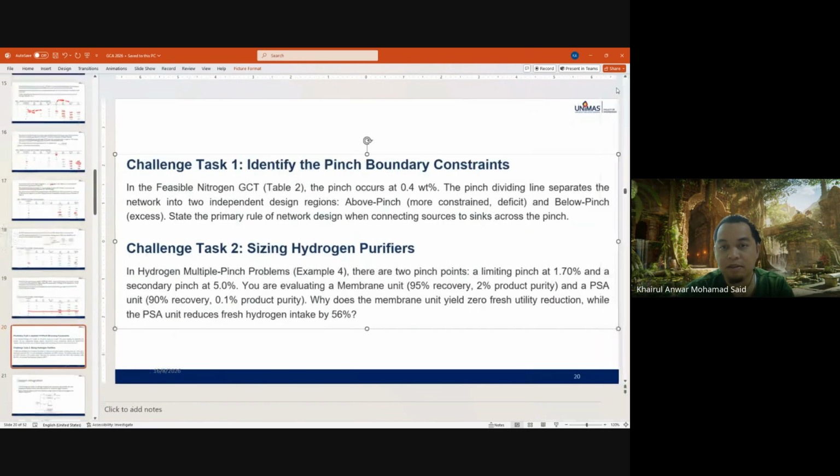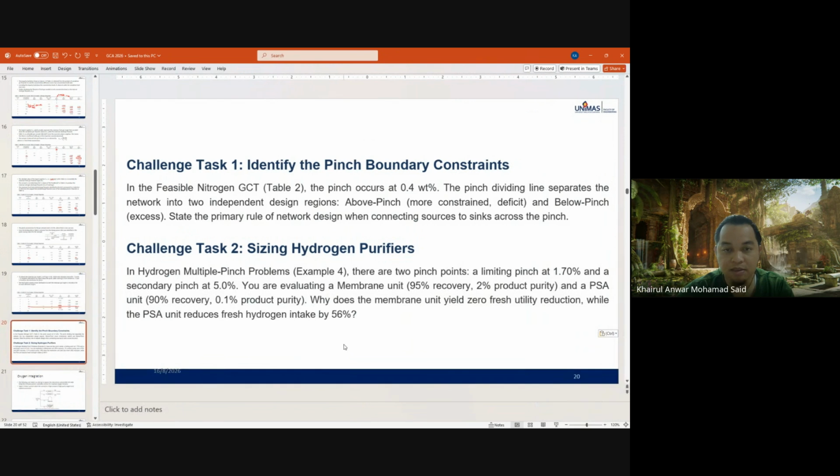So this is your task. First one is to identify the feasible nitrogen GCT table two. This is still hydrogen integration. Example one, in the same paper, the pinch occurs at 0.4%.